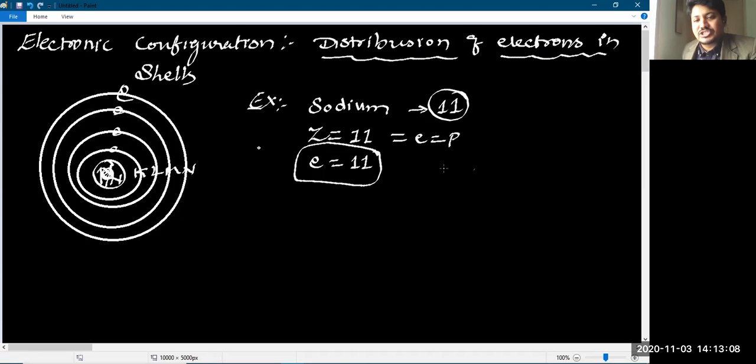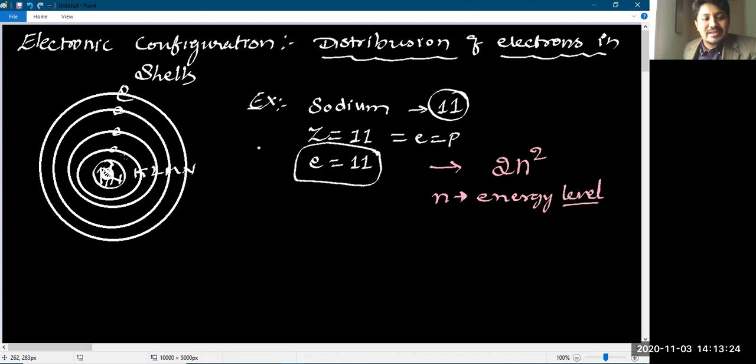Always, the electron distribution depends on the formula 2n square, where n is the quantum number or energy level. Energy levels means K, L, M, N, O, P. The shells themselves are nothing but energy levels.